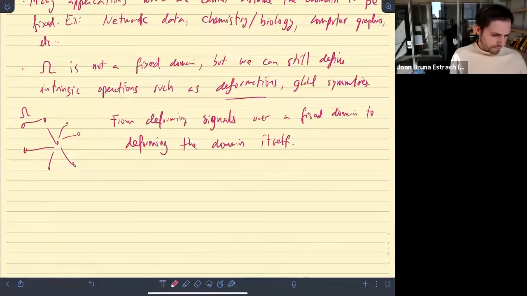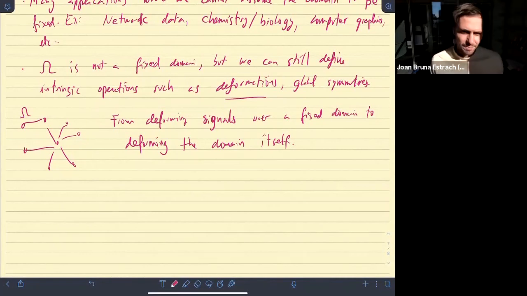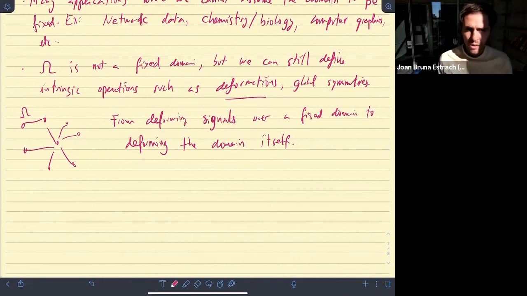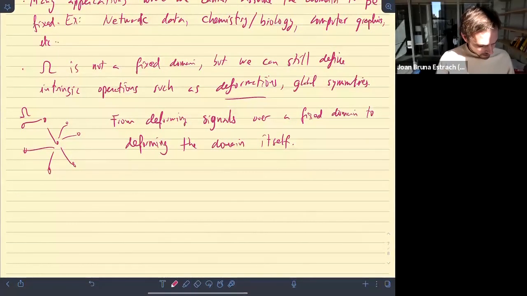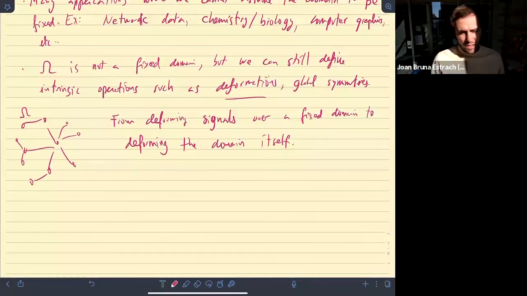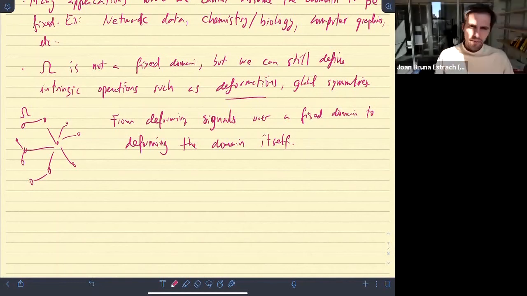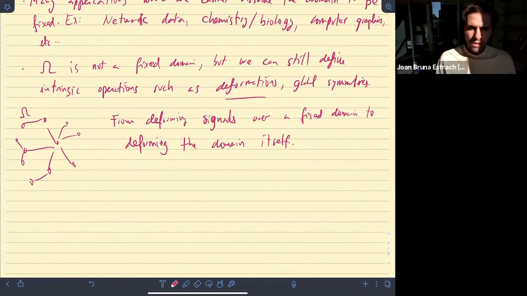Okay, and so we can now take this notion of deformation and also use it as our prior for building good representations, right? So if you have, let's say, a function that you want to extract information from, on a domain that looks like any graph like this, you might say, okay, I want a representation such that if the domain changes a little bit, the representation changes a little bit, right? That's the natural extension of the stability. And in particular, there are transformations I can make to the input that do not change the domain.